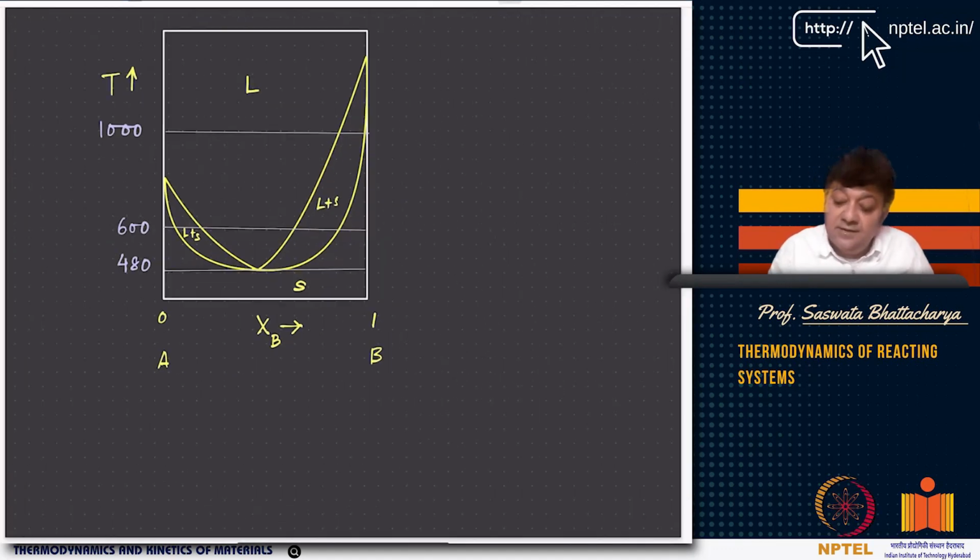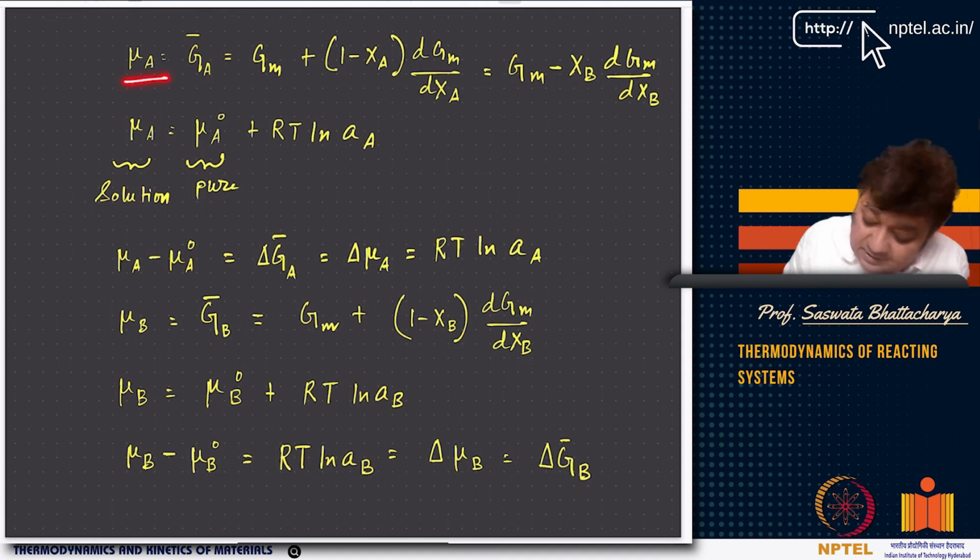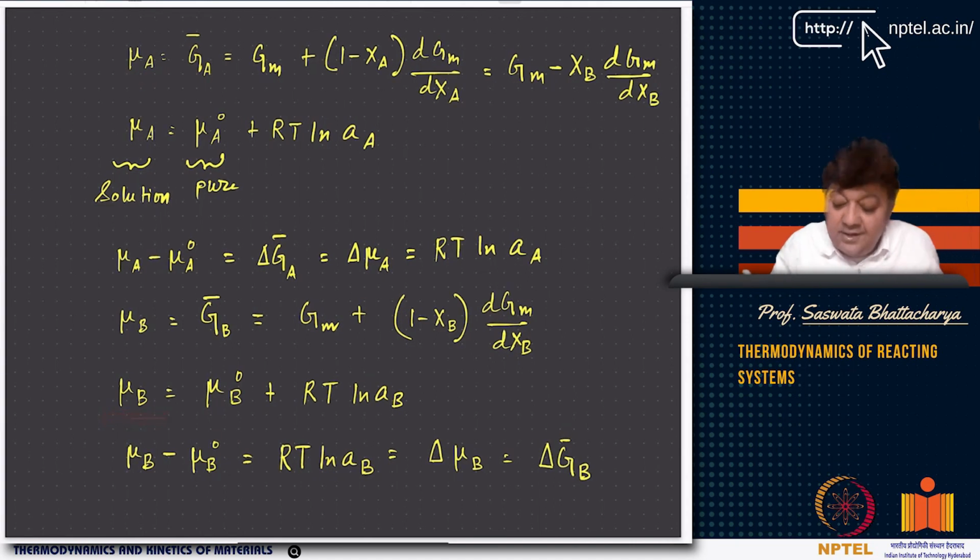Type 2 phase diagram. Now, having said all of these, you know how to calculate mu A and mu B. This is the mu A formula, this is the mu B formula, and you have done this from the tangent intercept method, and even without the tangent intercept method, you can analytically derive these equations.